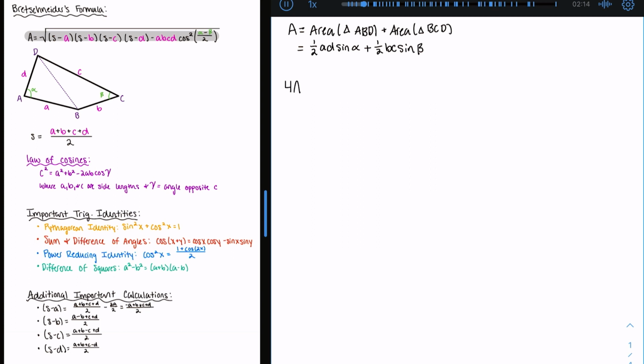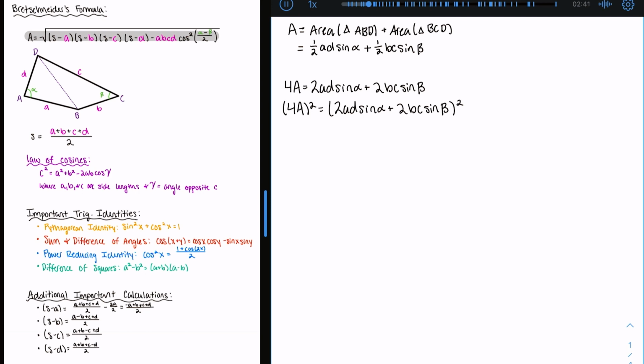So I have 4a equals 2AD sine of alpha plus 2BC sine of beta. Then when we square that 4a, we will square this entire thing, and then we will have to FOIL.